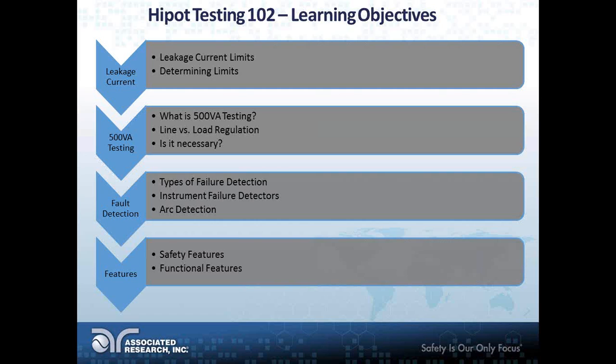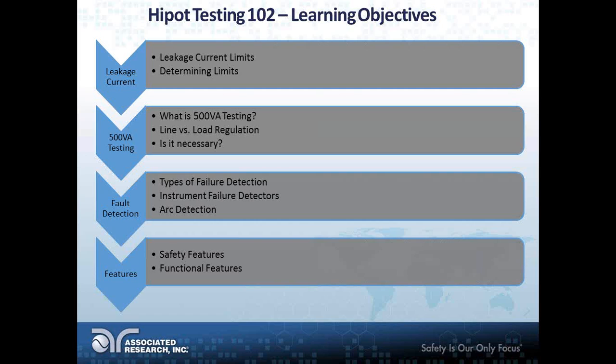We're then going to dive into 500 VA testing, which is a special application of Hipot testing, and we're going to learn other important factors concerning 500 VA testing, such as line load regulations and when 500 VA testing is required and necessary.